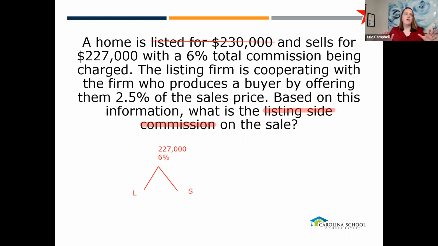All I've done so far is taken the information from the problem and mapped it out. I gave myself a visual. The listing firm is cooperating with the firm that produces a buyer by offering them 2.5%. So that means the selling firm is getting 2.5%.